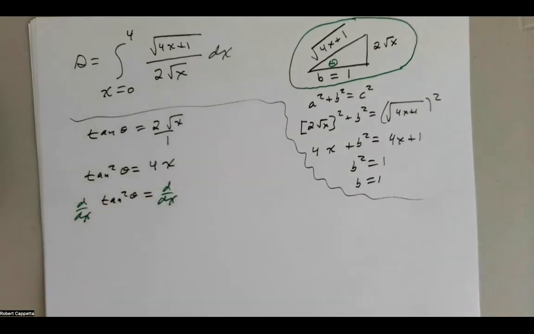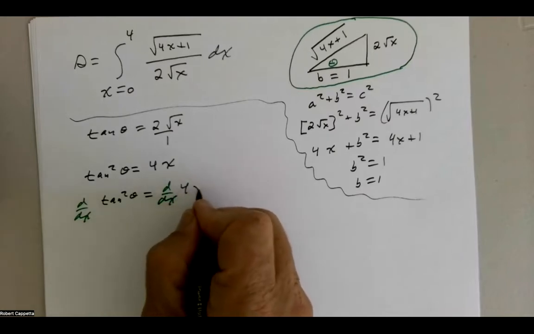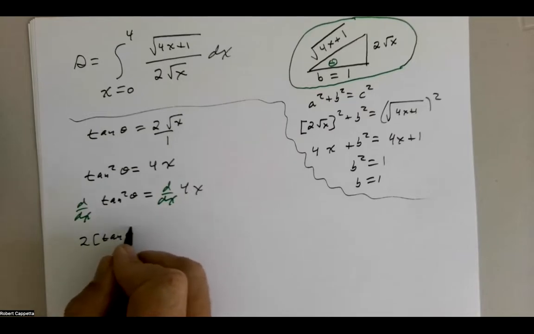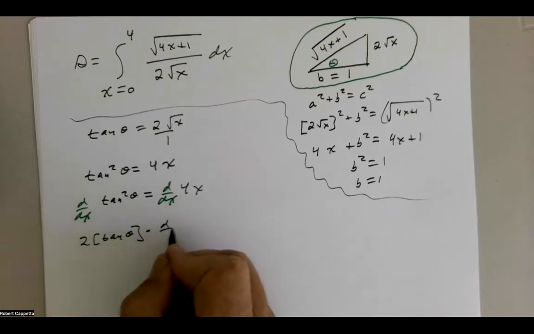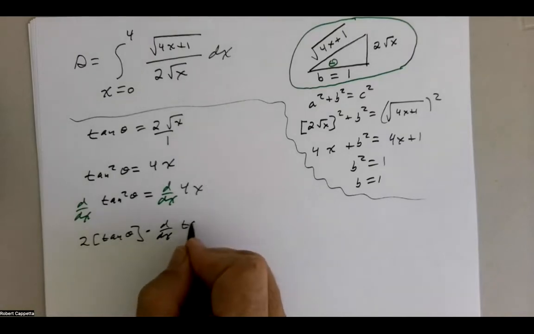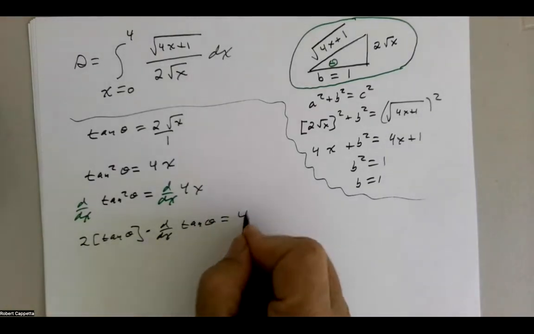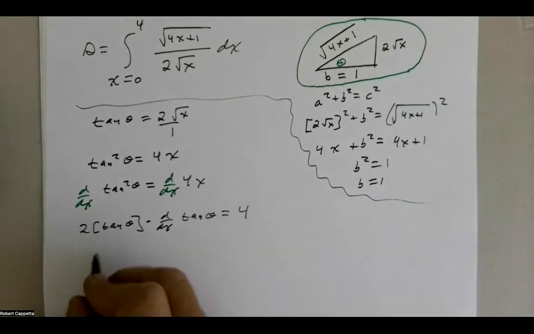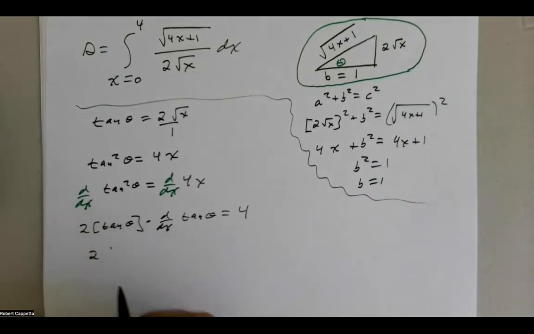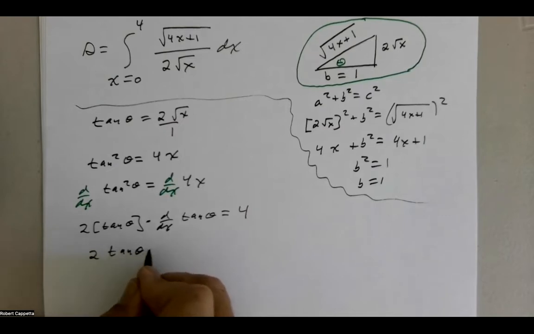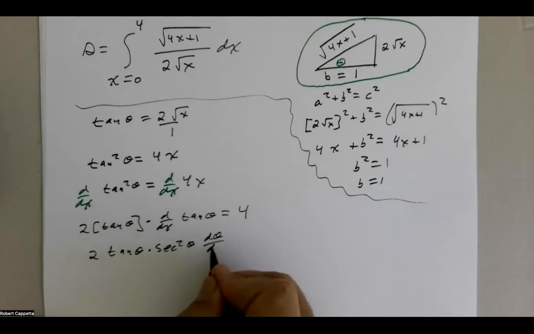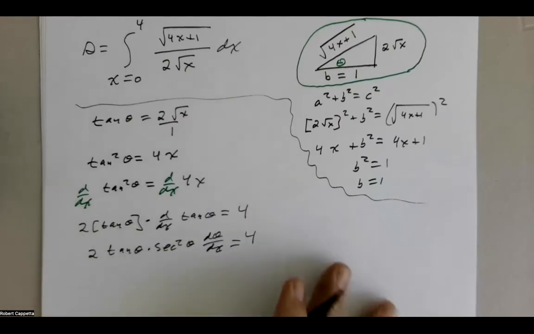Derivative of something squared is 2 times the something times the derivative of the something. So the derivative of tangent squared would be 2 times tangent theta times the derivative of tangent theta. The derivative of 4x is just 4, of course. So where does that put us now? We have 2 tan theta. The derivative of tan theta is secant squared theta, d theta dx equals 4.